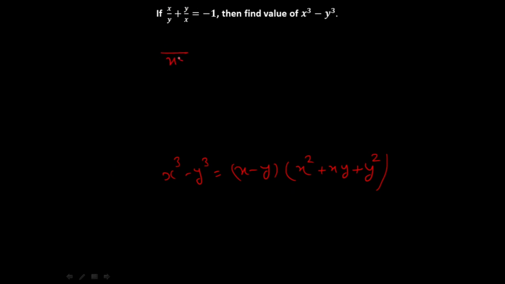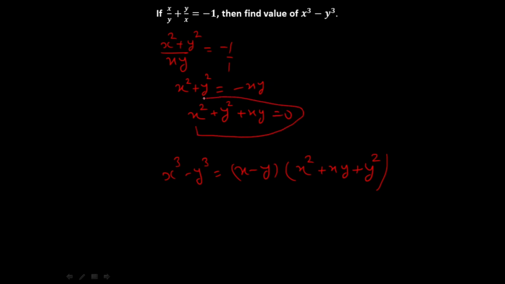The LCM is xy, so I will get x square plus y square equal to minus 1 times xy. Cross multiply, take this to the right hand side, so I get minus xy. Take this to this side. So x square plus y square plus xy equal to 0. This value is 0.